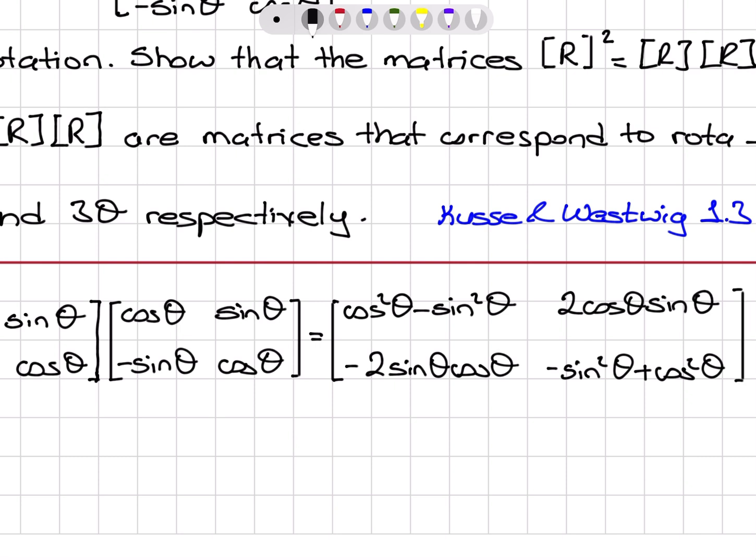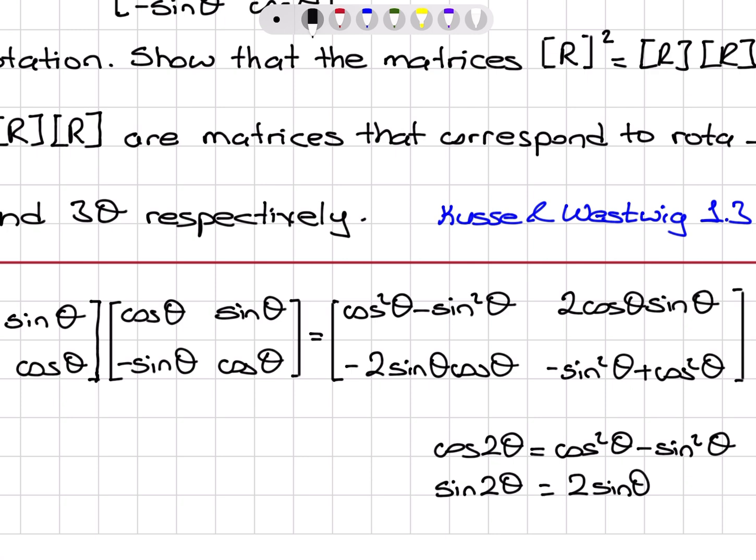Now you can recognize that for cosine 2 theta the double angle formula is cosine square theta minus sine square theta, and for sine 2 theta the formula is 2 sine theta cosine theta. This is what we know from trigonometry.